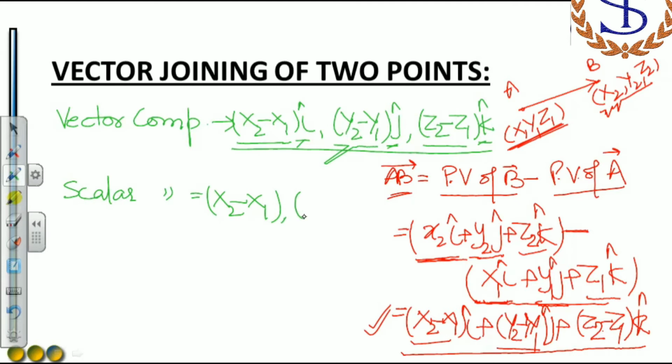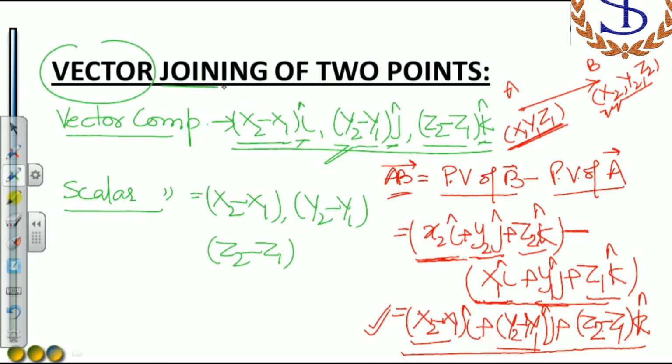Next, y2 minus y1 is the second component, and the third, z2 minus z1, is the third scalar component. So by discussing these things, we can easily find the vector and scalar components of a vector joining two points.